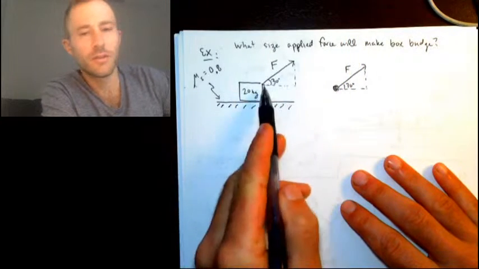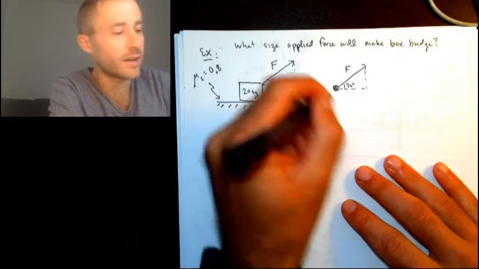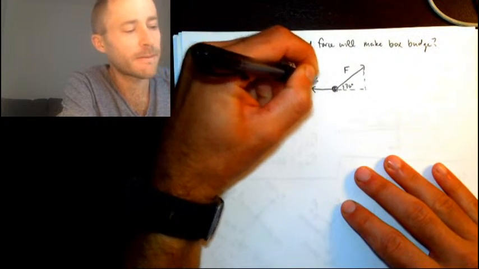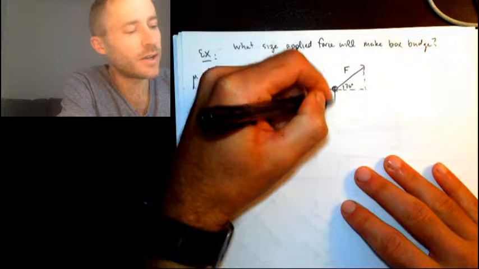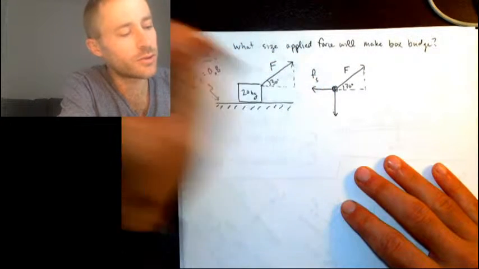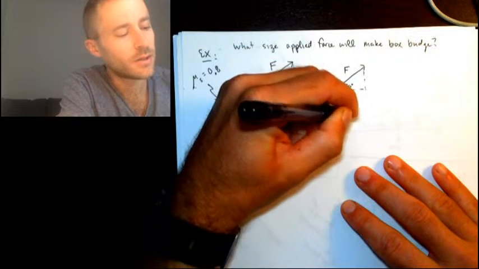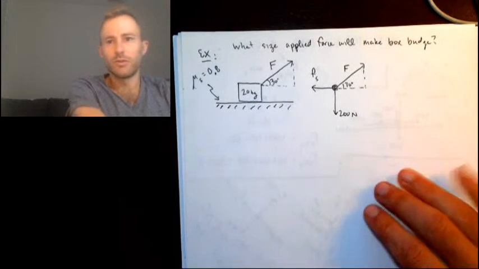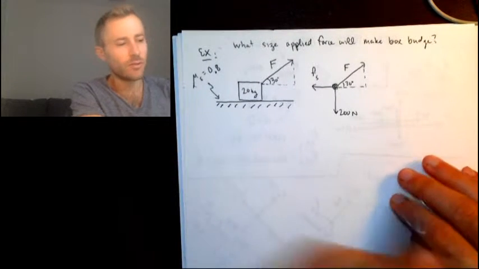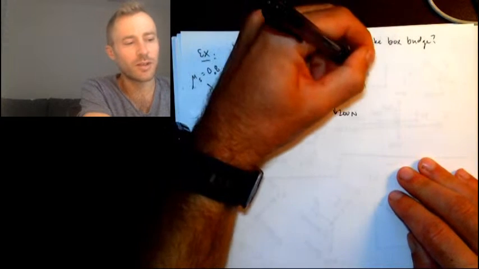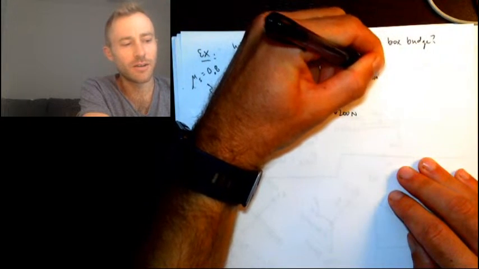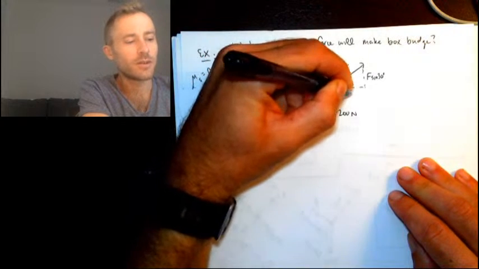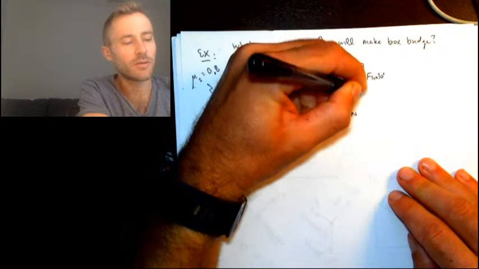We're pulling to the right, so that means that static friction is going to point to the left. And we have a 200 newton weight force, which is going down. So that's m times g, 20 times 10. The reason this is a little bit tricky is that when we get our components, this is going to be F sine of 30 degrees, and this is going to be F cosine of 30 degrees.